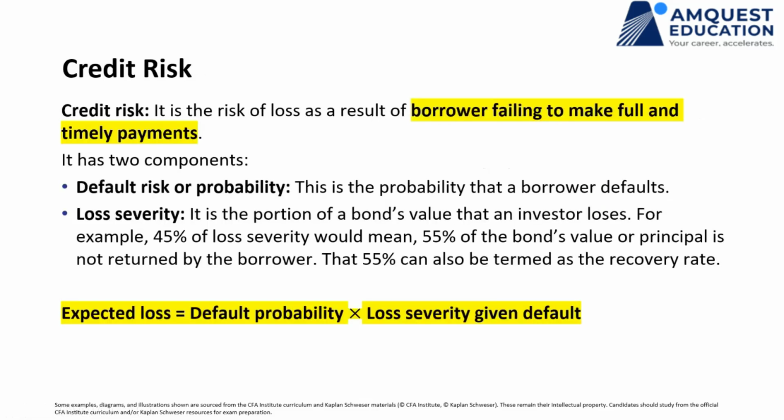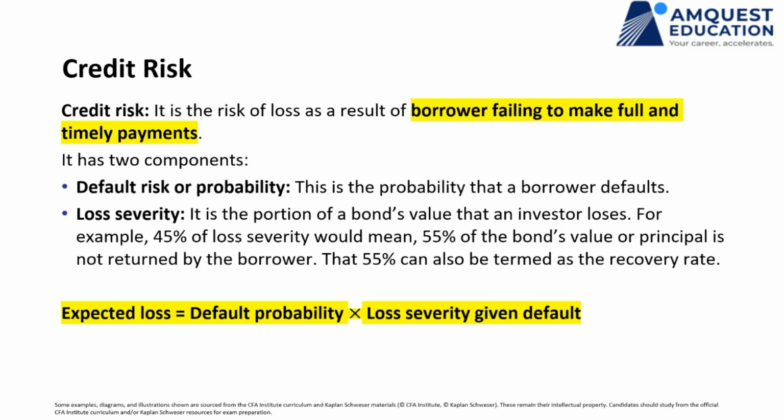Now, credit risk is the risk of loss as a result of the borrower failing to make full and timely payments, right? Which is the reality at times. All the non-performing assets that we look into are a result of credit risk. There is a borrower who borrowed money, and the borrower is unable to repay it.